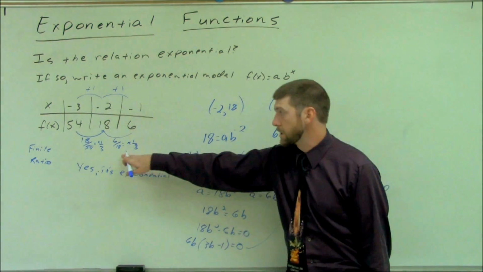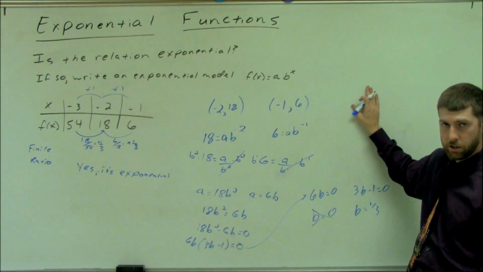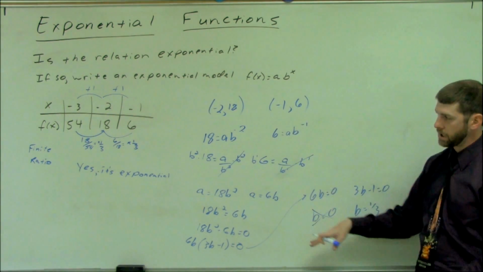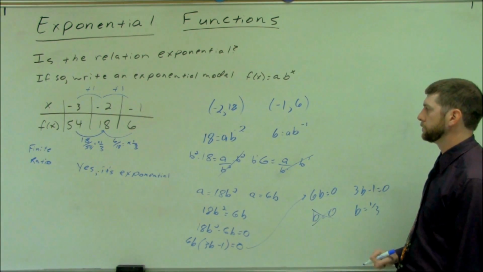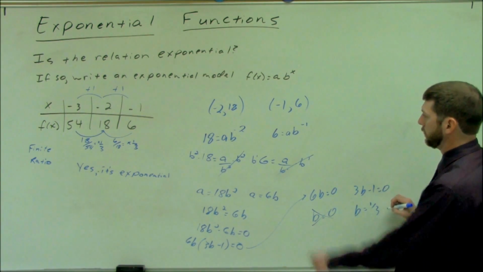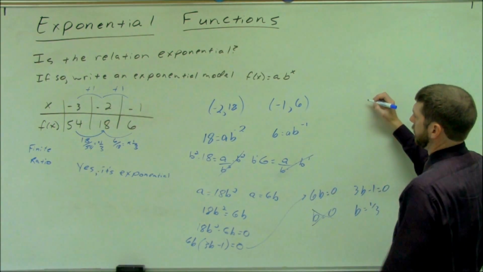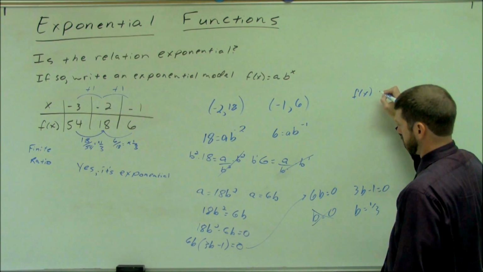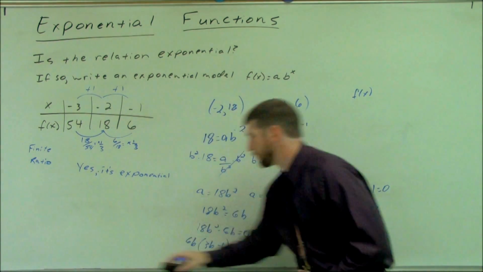So if I recognize it here, I can just go straight to using my b and then solve for my a's. If I don't, this technique will get me there. So b is 1/3, we're good there, and then we just finish out. Let's check that again.